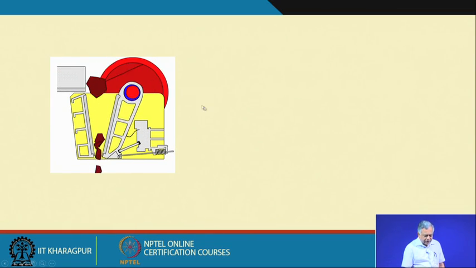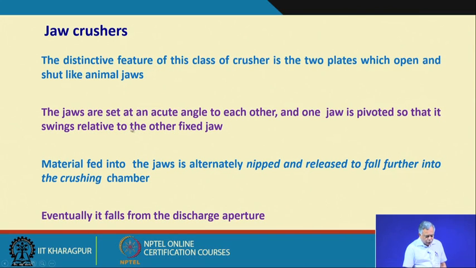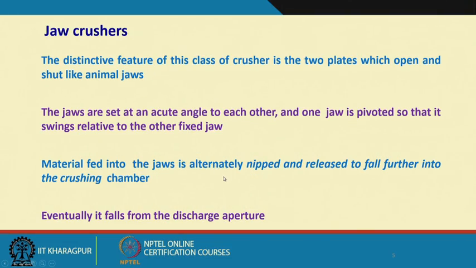I will come back to this again, but before that let me go back to where we had stopped. So, the jaws are set at an acute angle to each other, and one jaw is pivoted so that it swings relative to the other fixed jaw. It swings like this and applies a compressive force to that material. So, material fed into the jaws is alternately nipped, that means pressed, and then dislodged and released because of the throw.